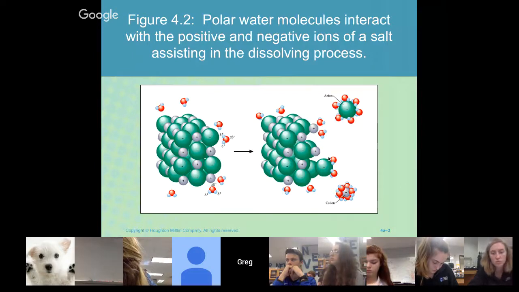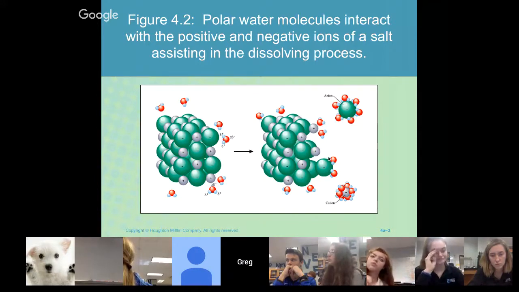Now, I never really grasped how this was. I always kind of thought like the water molecules were covering it, so we just couldn't see it. But in reality, think about this. How small is an individual ion? Incredibly small. Just to give you perspective, a single crystal is trillions upon trillions upon trillions of ions.